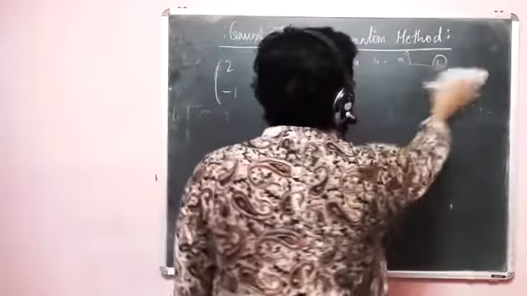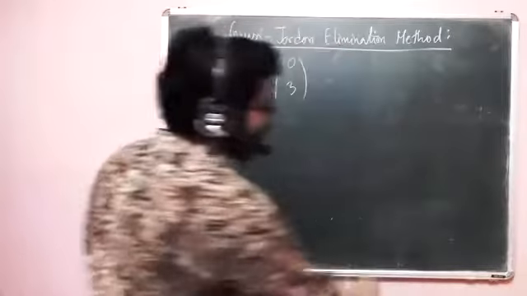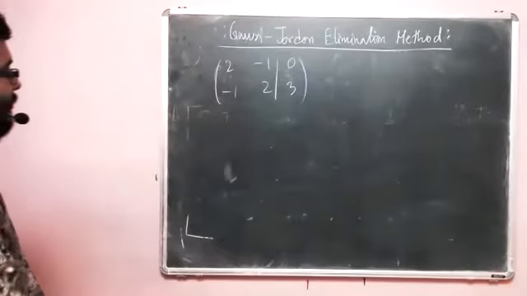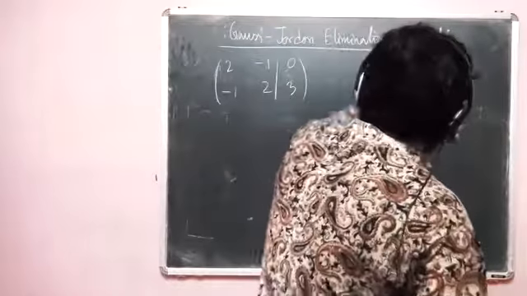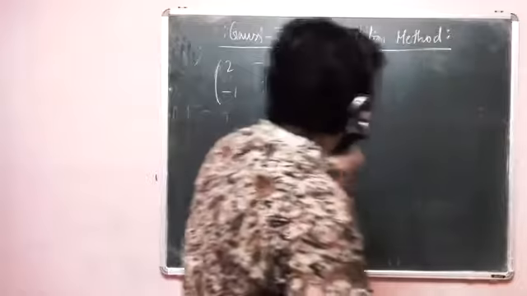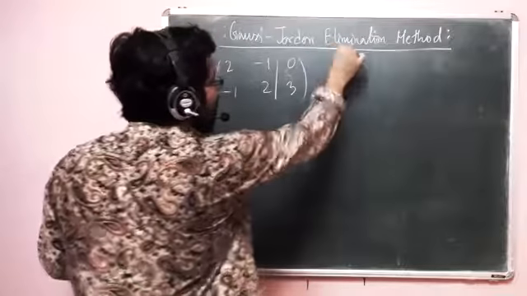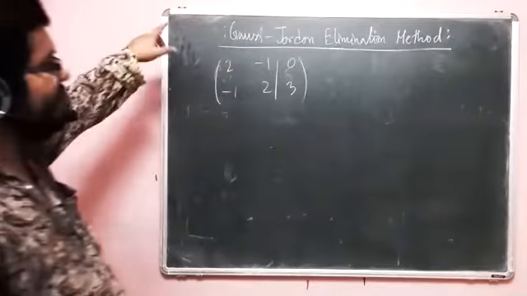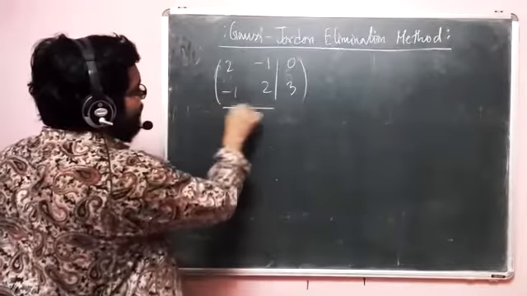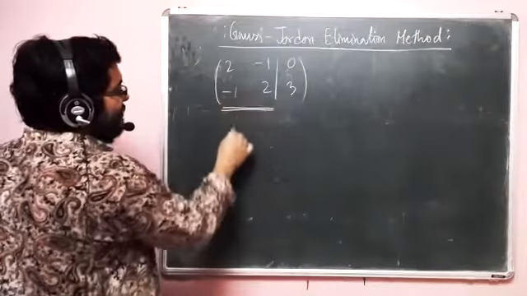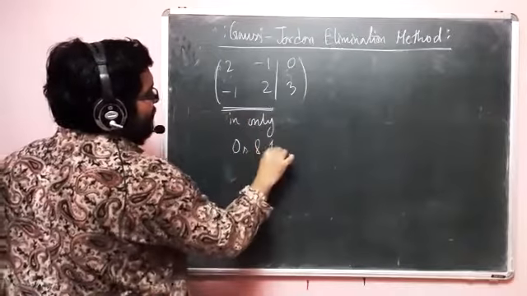Looking at the original problem, we observe the fact that we can actually do that. Now, if we do that, what will happen? The objective of the Gauss-Jordan elimination method is to reduce this part of the matrix to only zeros and ones.